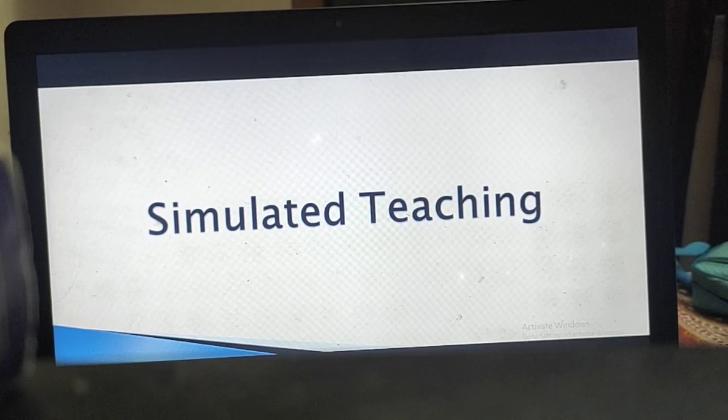The teacher gets immediate feedback from his supervisor or peers, replans his micro lesson plan, and rectifies his teaching skills until they reach the mastery level of that teaching skill.